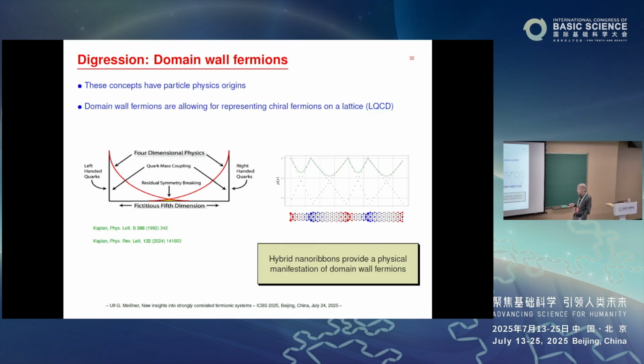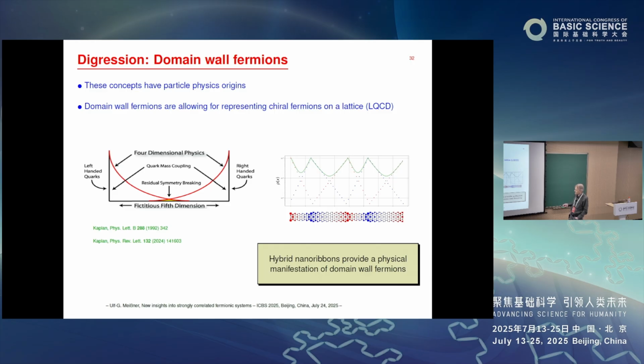And let me digress for a moment, because this in a way has its origin in particle physics, because it's very difficult to represent chiral fermions on a lattice. There's this no-go theorem by Nielsen-Ninomiya, and this was circumvented by David Kaplan by saying that you can put these fermions on a lattice in a fictitious fifth dimension. So you put the left-handed fermions on this side of the wall, and then the right-handed quarks on this side of the wall, and the four-dimensional physics is essentially given here.